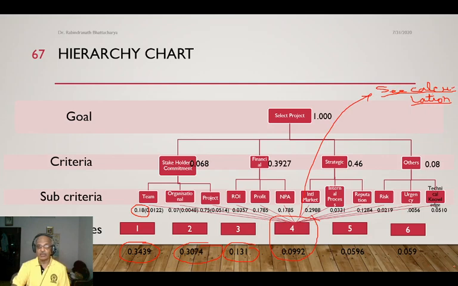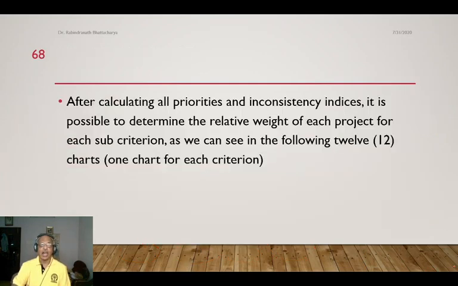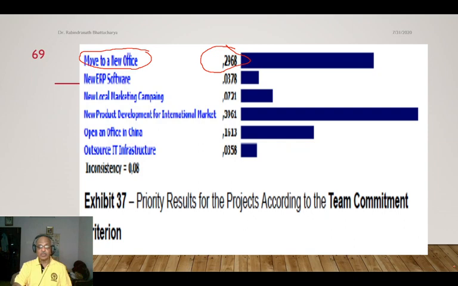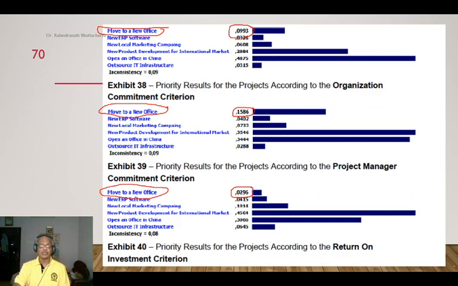So see the calculations. For 4, I have done the calculations. Move to new office is the project, and after calculating all priorities and inconsistency indexes, it is possible to determine the relative weight of each project for each sub-criteria. And let us see this one. For team commitment, the first one, this is the result.